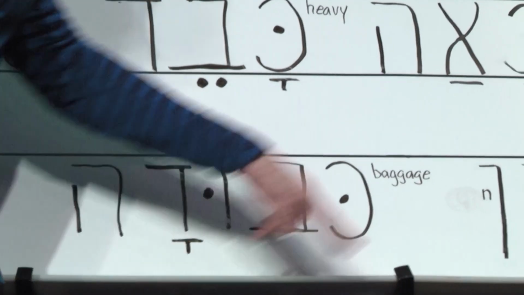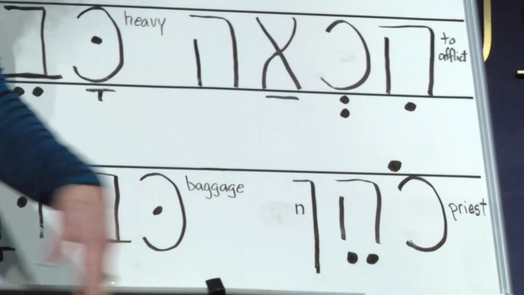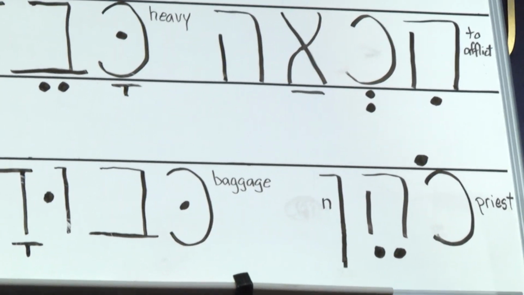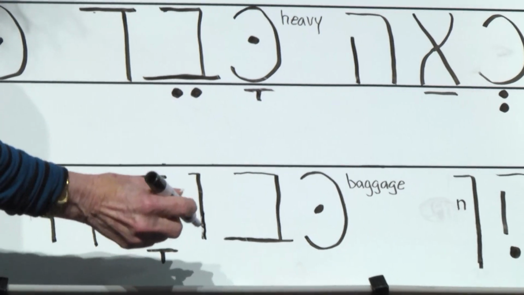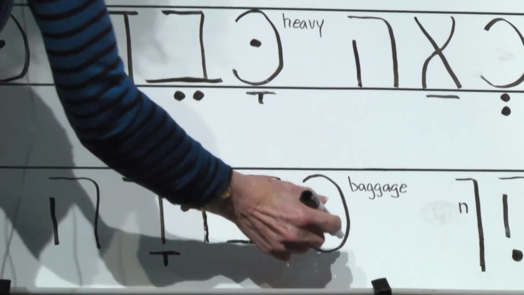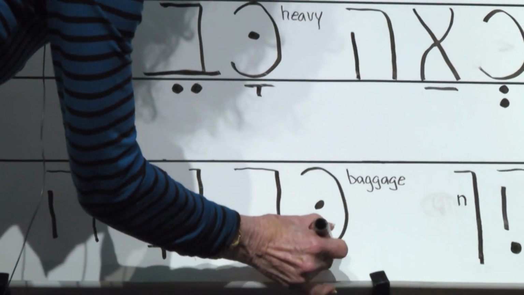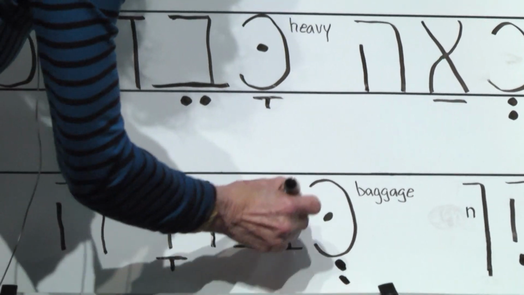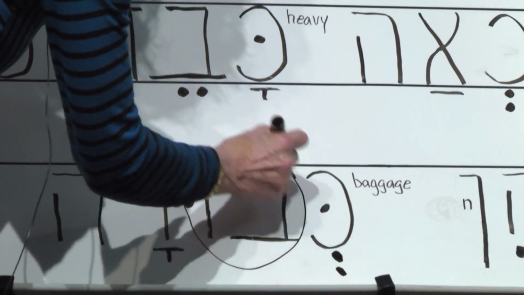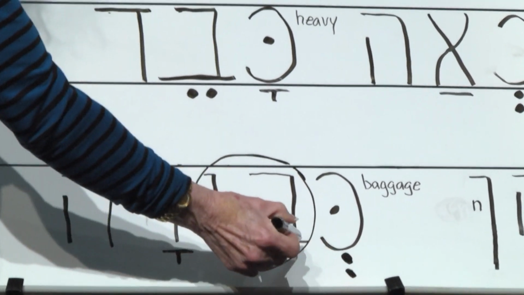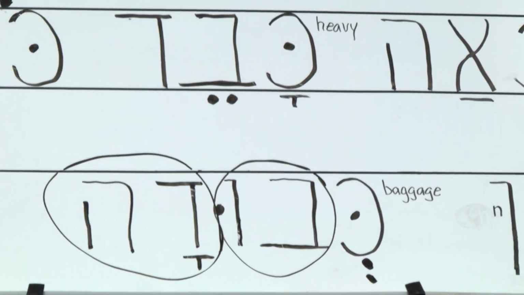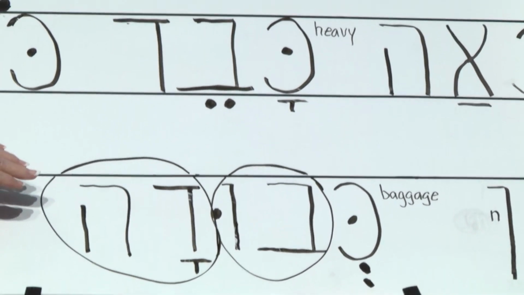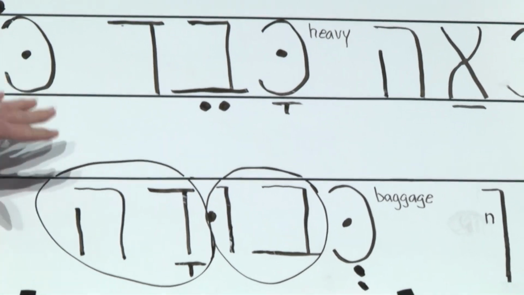What's the dot above? O. Excellent. And one of these words right here got a little smudged. Okay, these two are going to work together. So you're going to say k, vo, and these two are going to work together. Da. All right, because the hey at the end is going to be silent. But we'll get to that last.